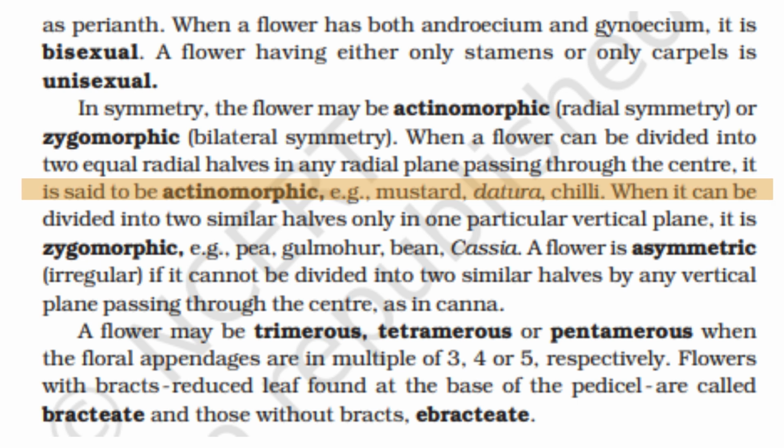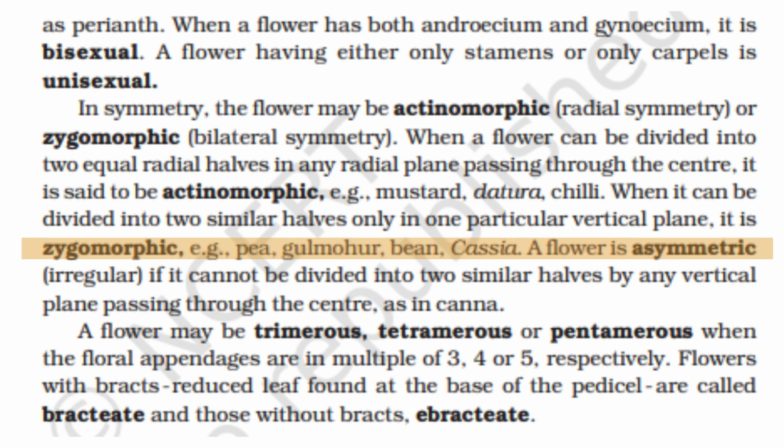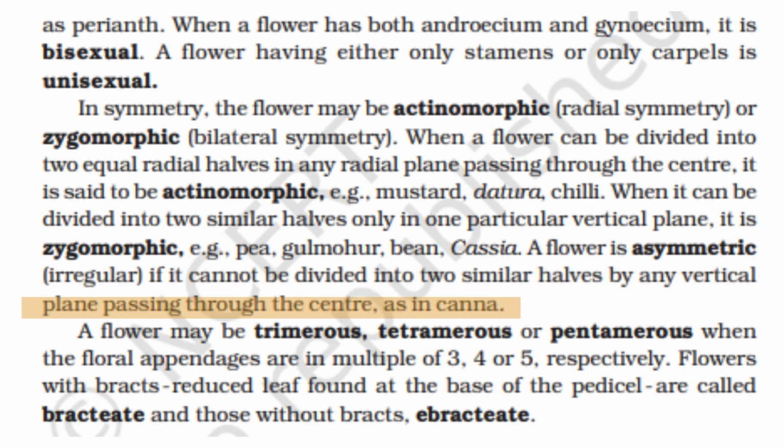Example: mustard, datura, chili. When it can be divided into two similar halves only in one particular vertical plane, it is zygomorphic. Example: pea, gulmohar, bean, cassia. A flower is asymmetric, irregular, if it cannot be divided into two similar halves by any vertical plane passing through the center, as in canna.